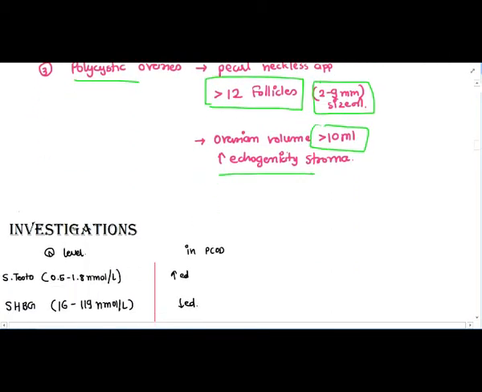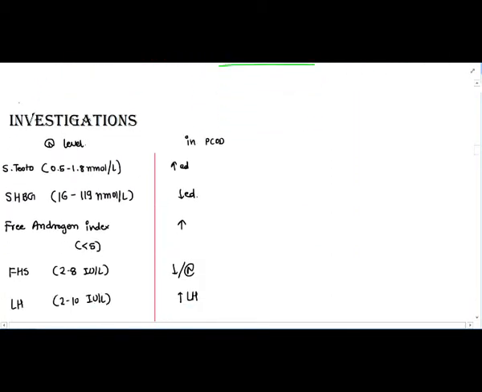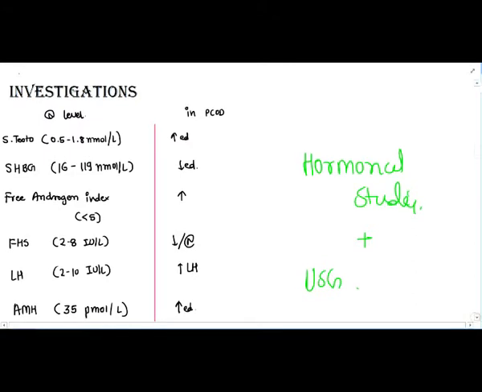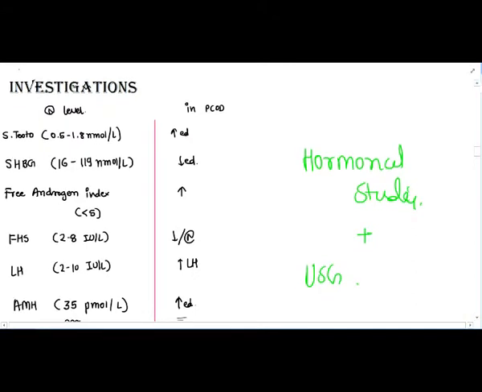Now, what kind of investigation should we do? We should do a hormonal study as well as ultrasound. In the hormonal study, we will check the serum testosterone level, which is increased in PCOD.